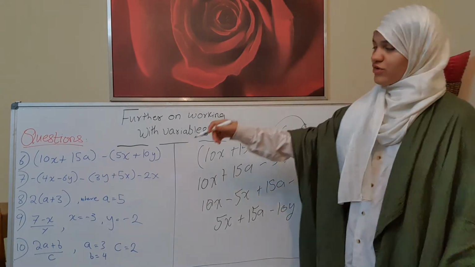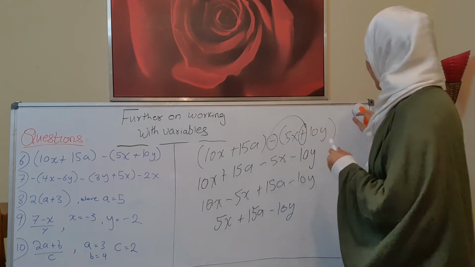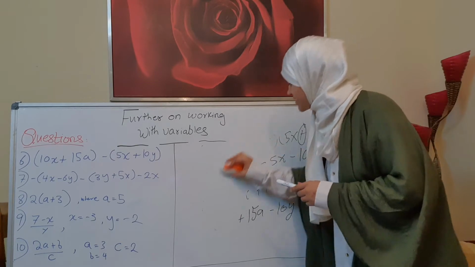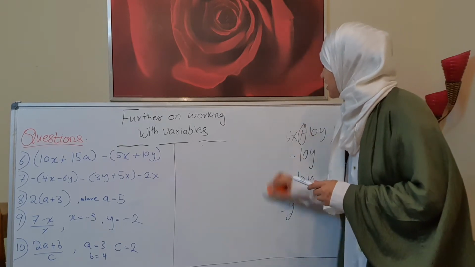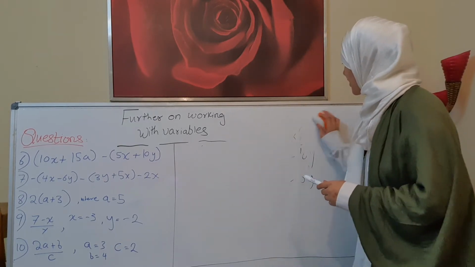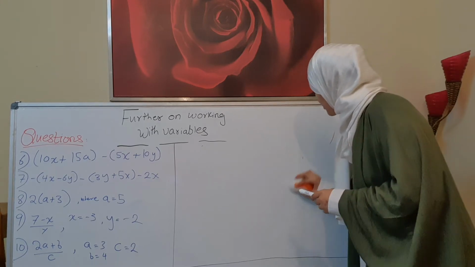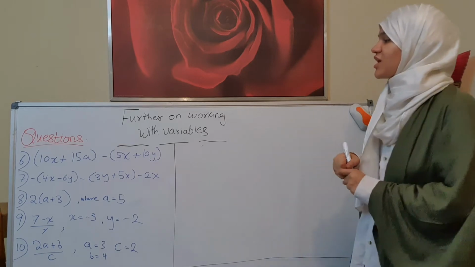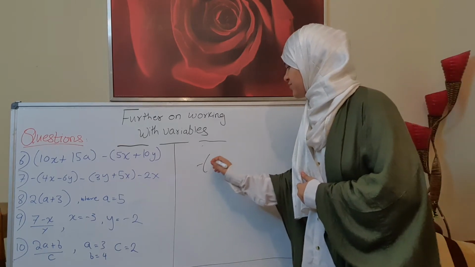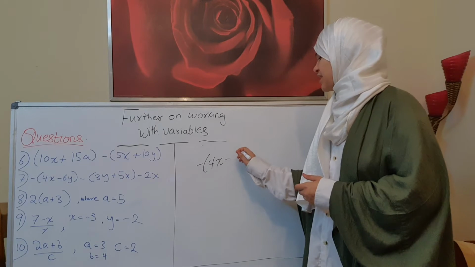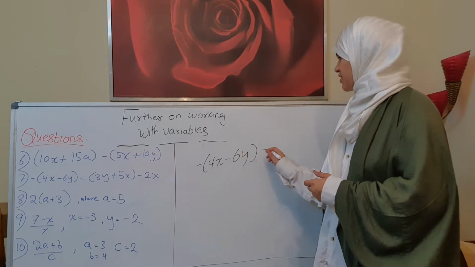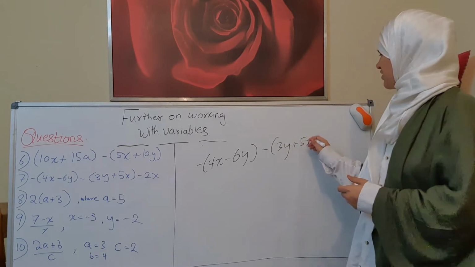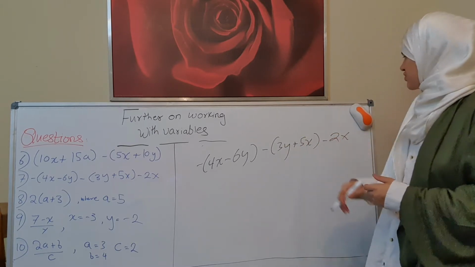Now, let's go for question number 7, which says negative outside the bracket of 4x minus 6y, then minus outside the bracket of 3y plus 5x, then negative 2x, which is multiplied by it. So negative 4x minus 6y minus 3y plus 5x negative 2x.